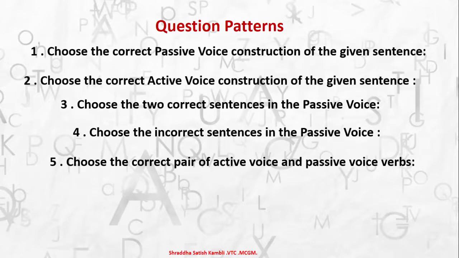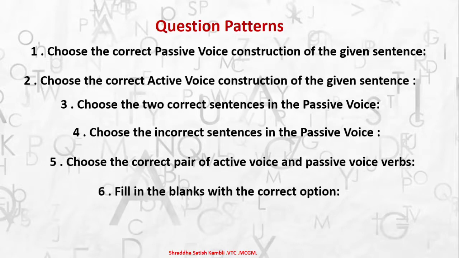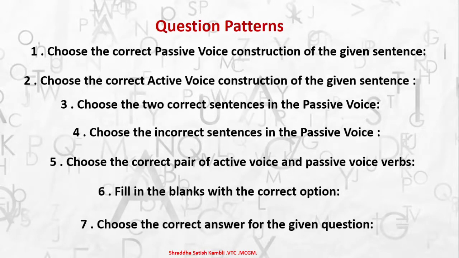So which is the correct one? You have to choose. Coming to the second last pattern, you have fill in the blanks with the correct option. And lastly, you have the question, choose the correct answer for the given question. So sometimes when answering questions also you might make a mistake. So you have to choose the correct answer for the question which will be given to you.